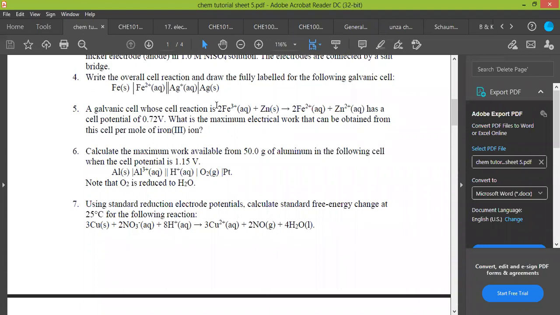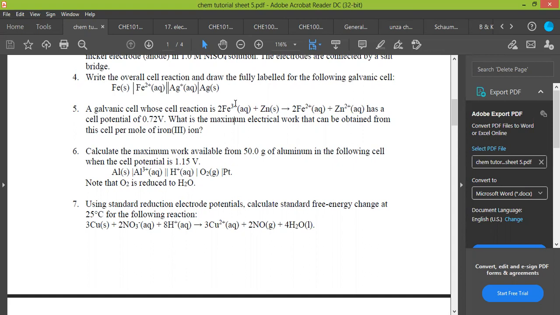So you have been given metallic aluminium. So your half reaction for that question will be aluminium producing aluminium 3+ plus 3 electrons. Okay. So aluminium solid giving you Al3+ plus 3 electrons.